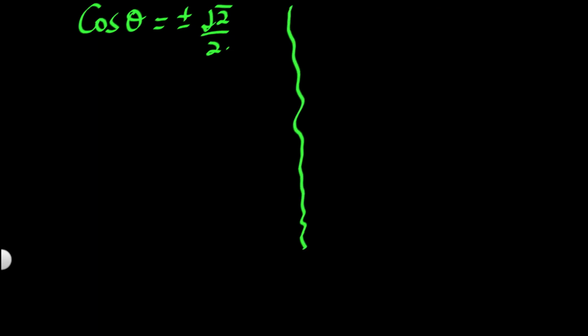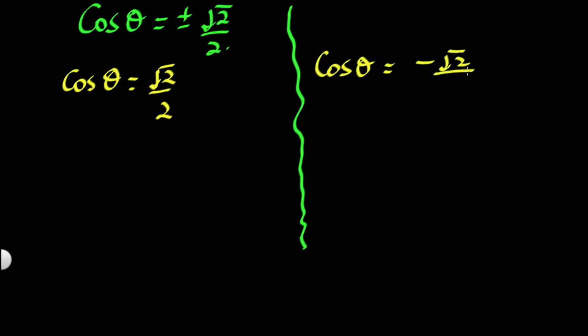I'm going to separate this as cos theta equals plus root 2 over 2, and the other one is cos theta equals minus root 2 over 2. From here, I'm going to work both sides independently.